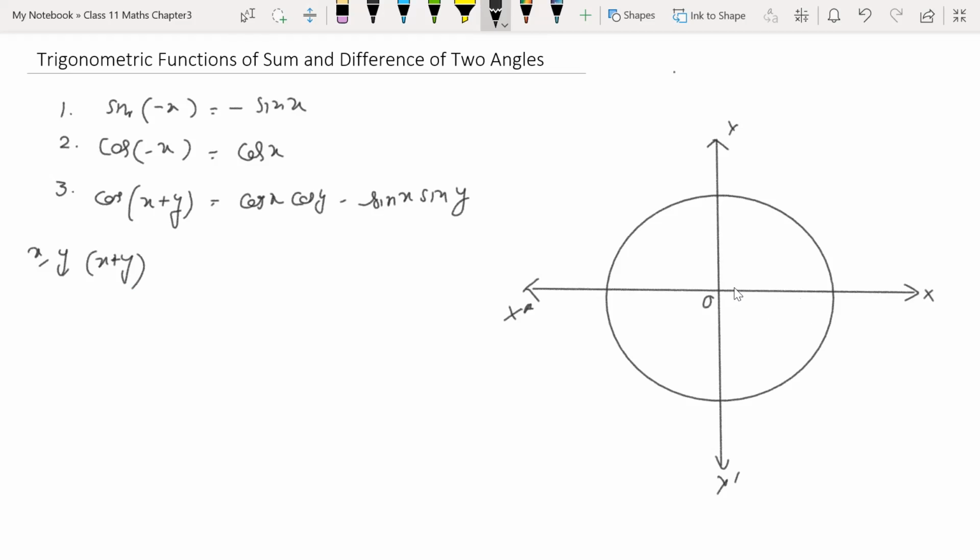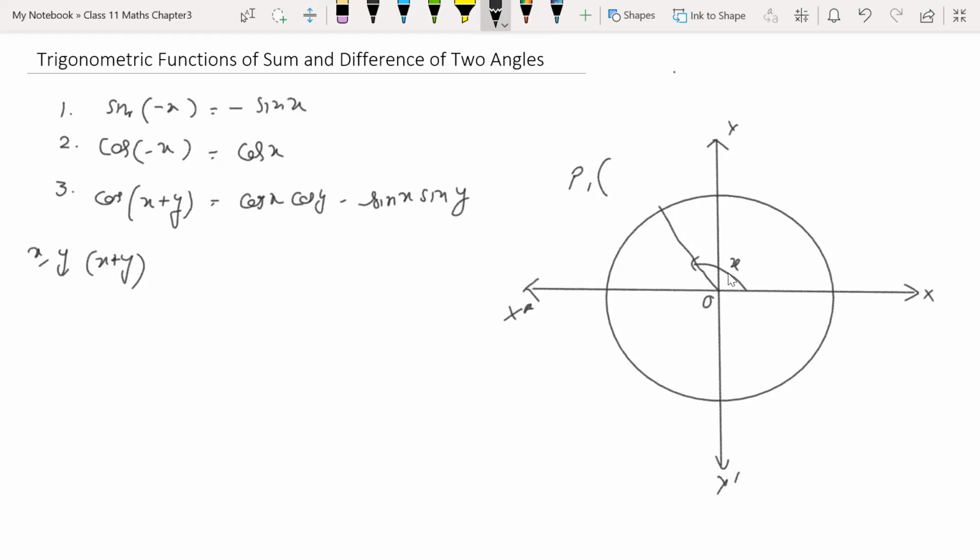First of all, let's consider x. x is an angle. This is the angle x, and these are the coordinates through the origin for x. Let's consider it as point P1.